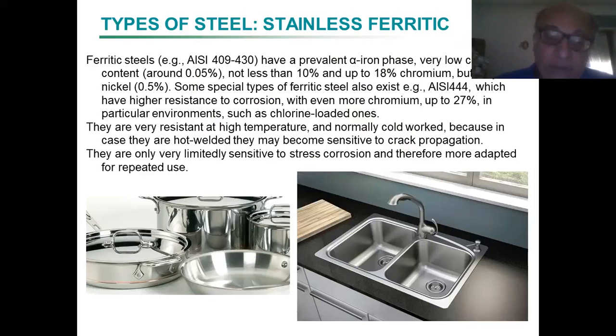These are the two structures which are present when you have just iron and carbon, and some amount of carbon. The amount of carbon can be from almost nothing to 2.06%. Let's say 0.01 to 2.06%.